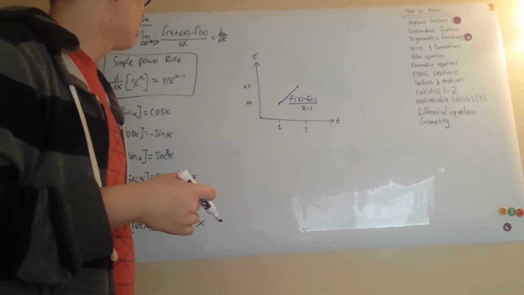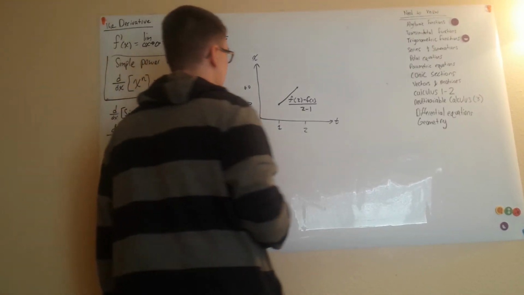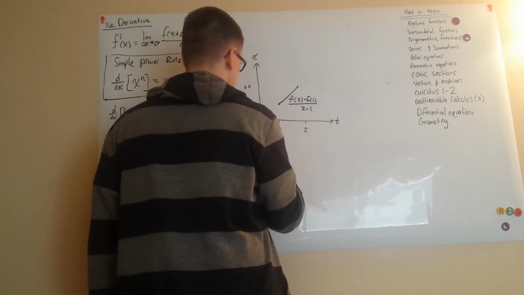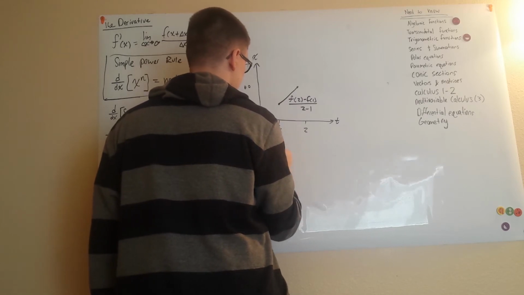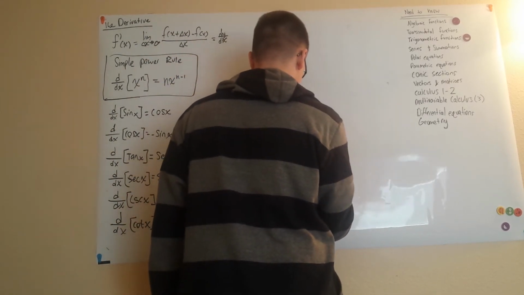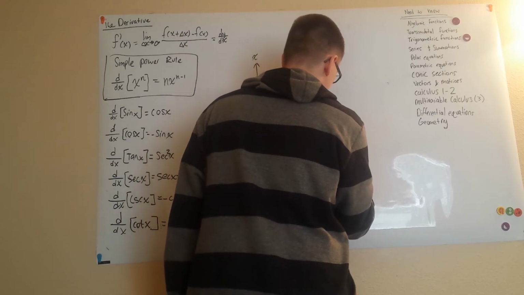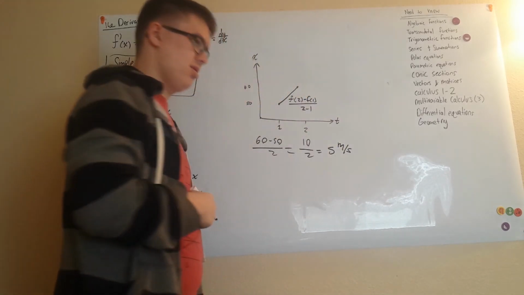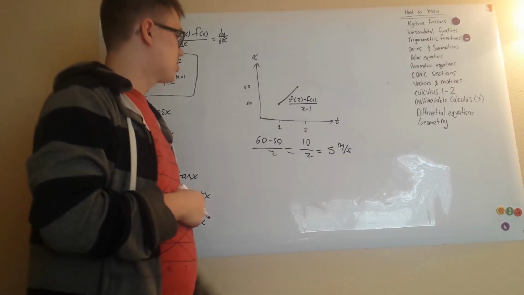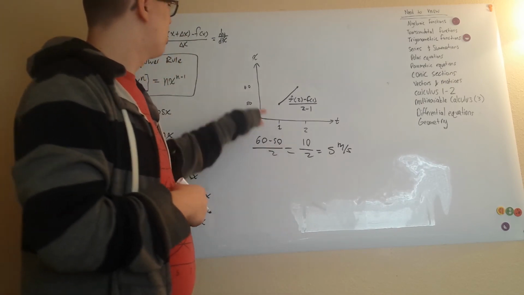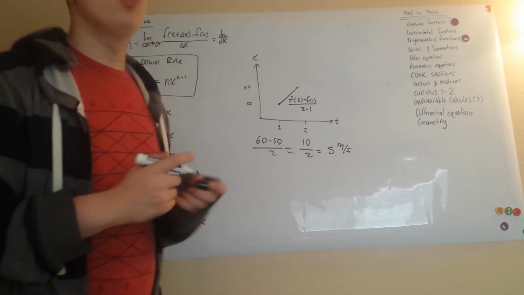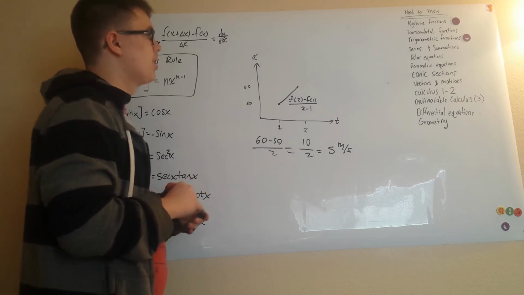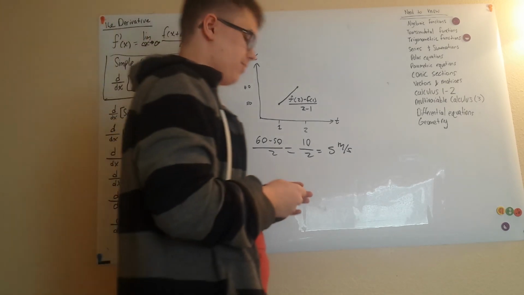What would that be? That would be 60 minus 50 over 2 minus 1. That's 10 over 1, 10 meters per second. So your average rate of change is 10 meters per second if you're driving a car.